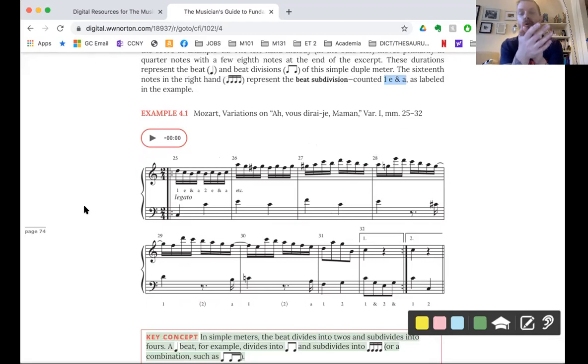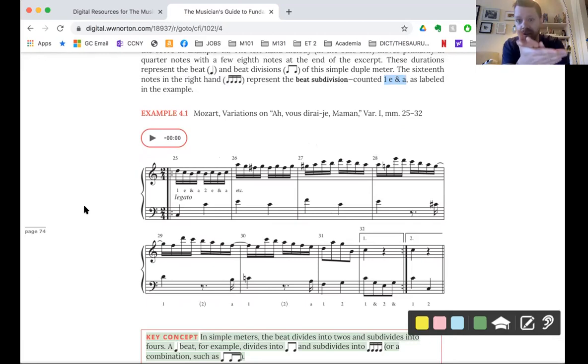So if my quarter note is this, 1, 2, in 2/4, 1, 2, 1, 2. My hand's going to clap quarter notes, and I'm going to sing the beat division. So eighth notes: 1 and 2 and 1 and 2 and 1 and 2 and.